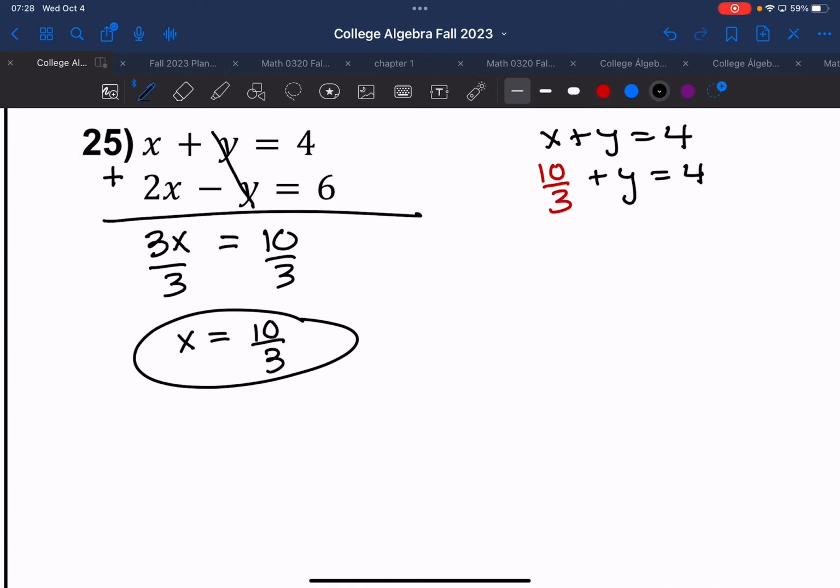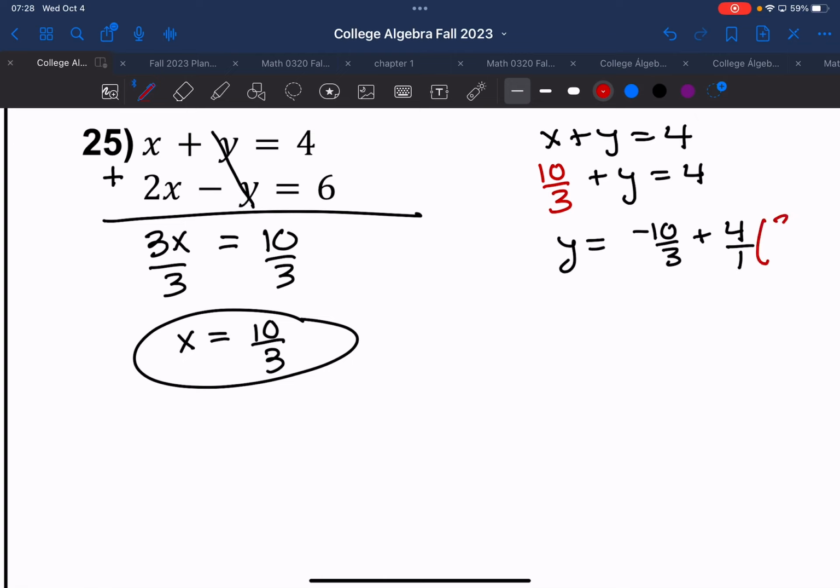So in order to get y by itself, we're going to have to subtract that 10/3 over. So we get negative 10/3 plus 4. Okay? So we have to do what in order to get our answer? Common denominator. And what would that be? 3. So what would we have to do to that 4 over 1?